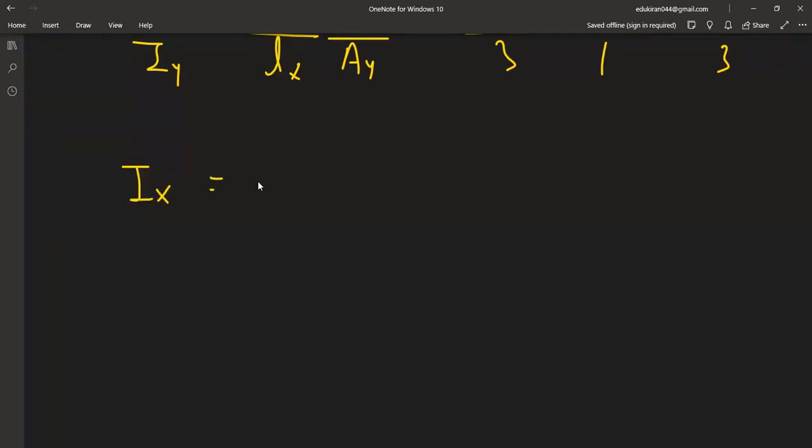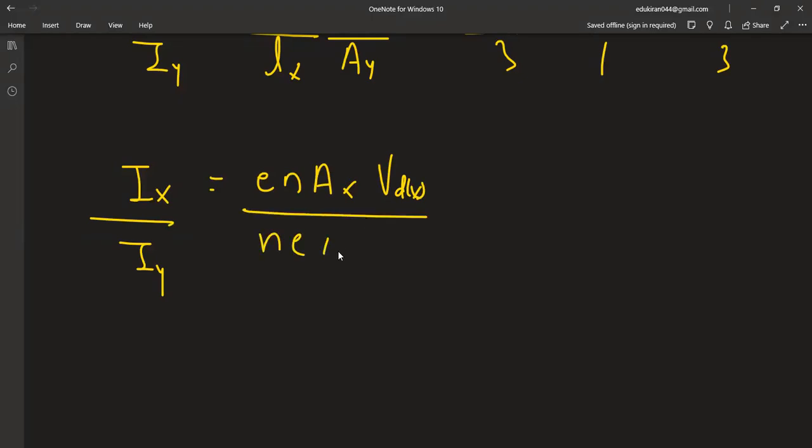I = nEAVd. So for X, this will be nE, area of X by drift velocity of X, divided by nE, area of Y, drift velocity of Y. nE will be cancelled. Areas ratio is 2/3. Drift velocities ratio, we have to calculate VdX by VdY.